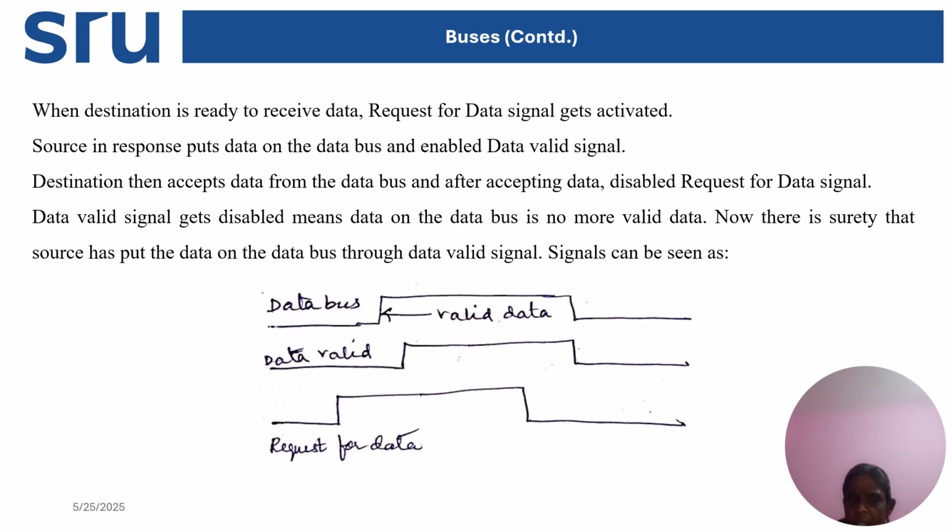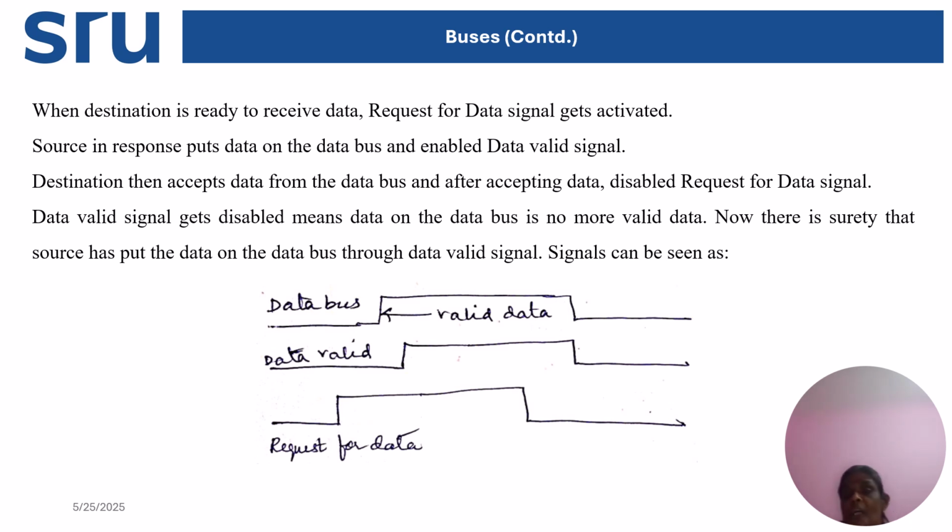Immediately the available data is put on the data bus, and then it enables the data valid signal to indicate that the available data is now valid. Then the destination accepts data from the data bus, and after completing the work, these signals should not be left as they are. They should come down for the purpose of other operations.